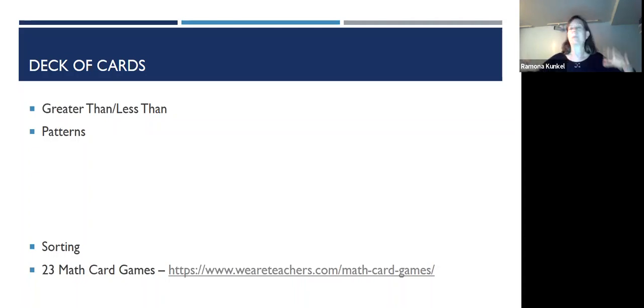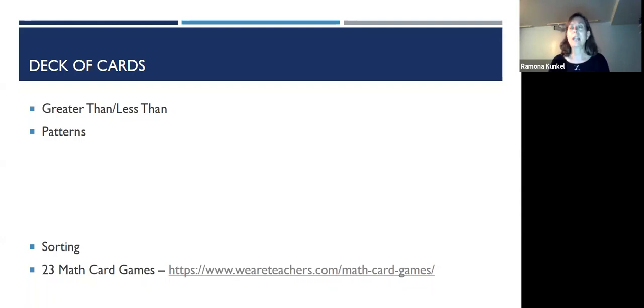So even just playing war, I don't know if you're familiar with war, where you turn over 2 cards and whichever is the higher of the 2 cards, that person takes those 2 cards in that turn. It can just be 2 students turning 2 cards over and determining which one is greater and which one is less than.